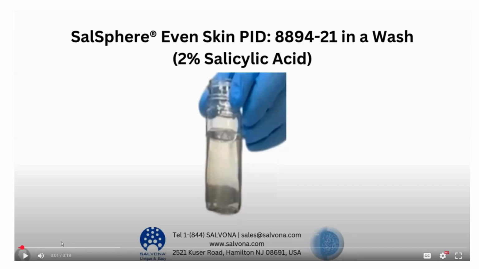Again, salicylic acid is hydrophobic, so normally incorporating it in a wash would be difficult. Washes are mostly water-based. However, as you will see with SalSphere Even Skin, there's no issue at all incorporating the salicylic acid. And this will be a 2% salicylic acid wash, which is the maximum use limit for cosmetic applications. So that's why we chose 2% salicylic acid.